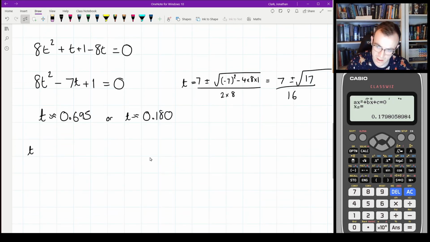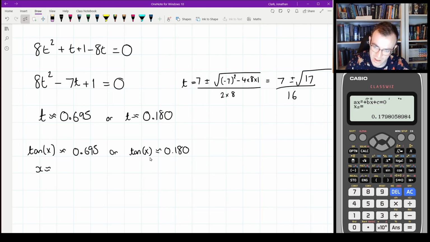Right, so apparently tan x is either 0.695 or it's equal to 0.180. So the x values are just the inverse tans of those.